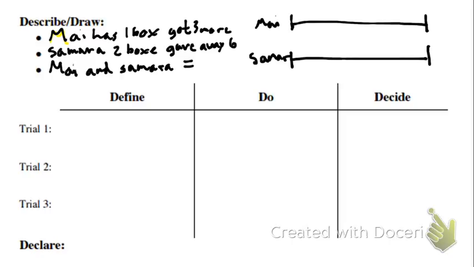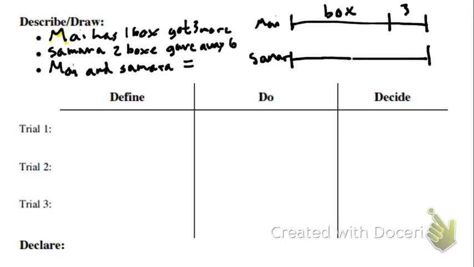Now we know that Mai only had one box, and then she got 3 more. So let's go ahead and call this a box, and then she got 3 more. Samara had, and we can kind of see the problem with this, so let me change that a little bit.